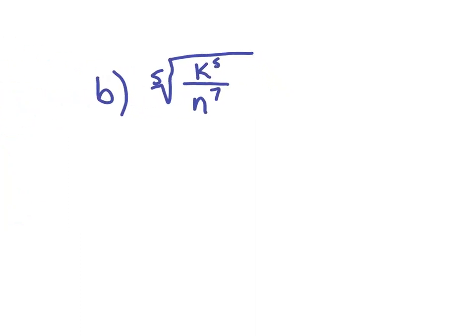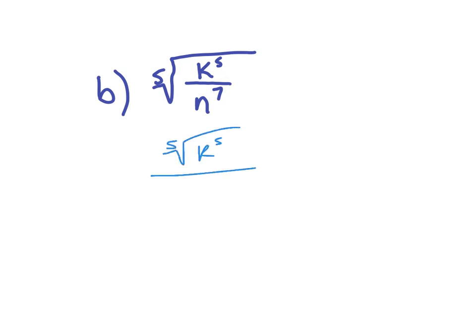All right, last one, 9b. What should we do? Separate the top and bottom. So we have the 5th root of k to the 5th power and the 5th root of n to the 7th power.